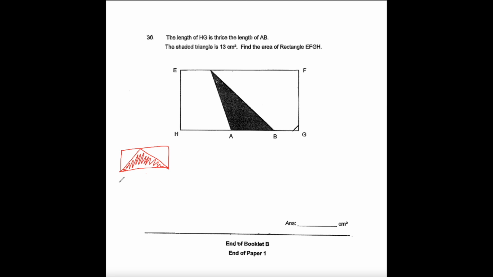So this means that the area is half of the rectangle. Okay, so basically the area of a triangle enclosed in a rectangle equals half of the area of the rectangle. Another way you can look at it is that the area of the rectangle equals 2 triangles.